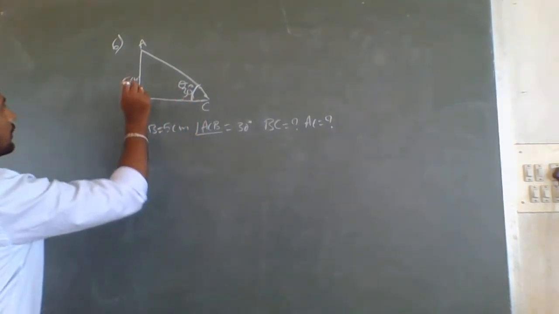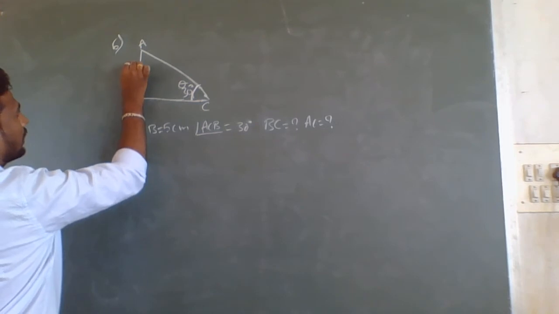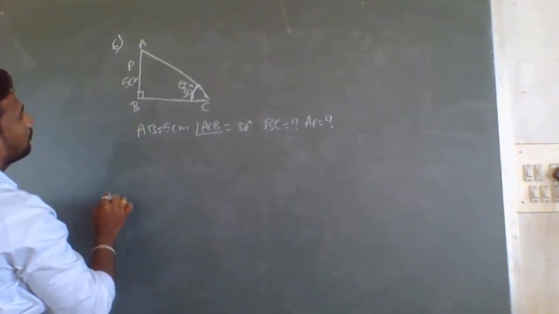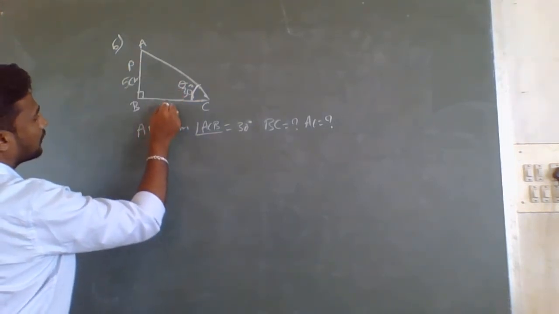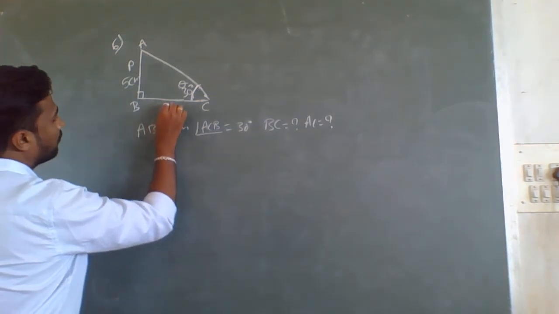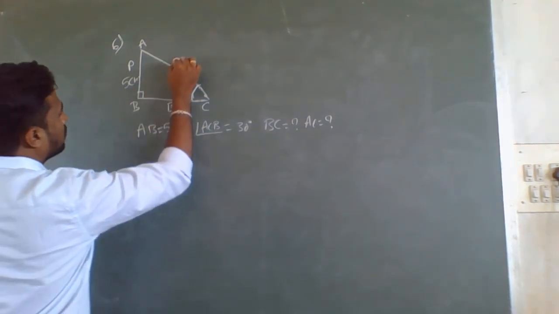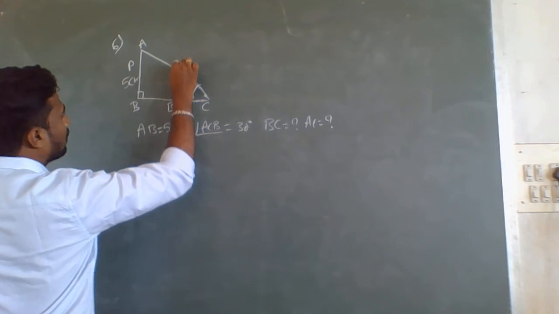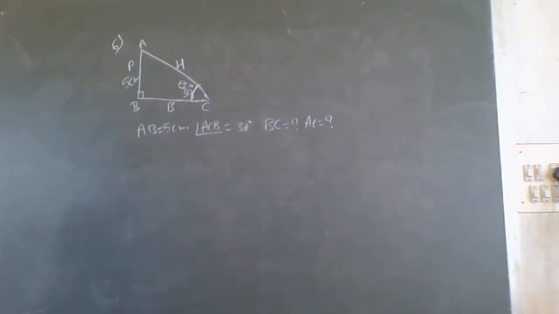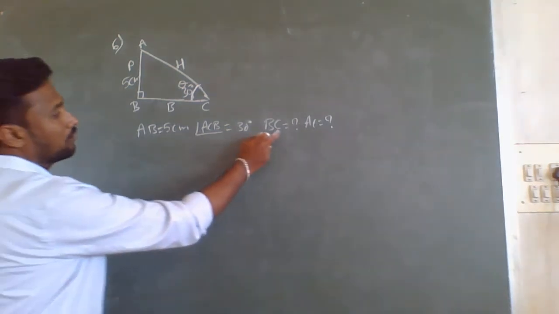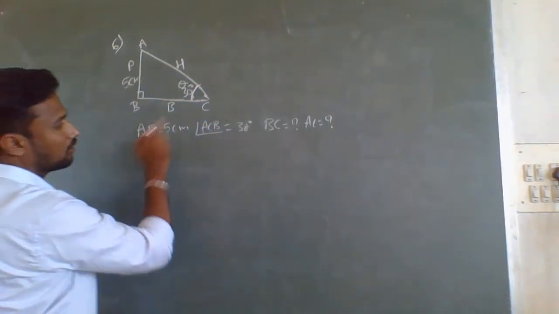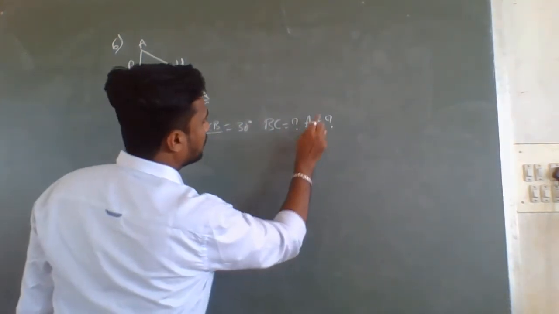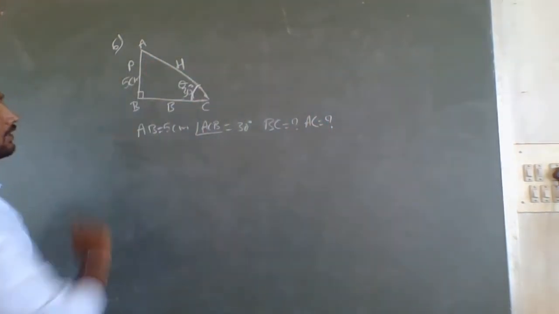So if this is theta, then you know that opposite to theta there will always be the perpendicular, adjacent to theta there will be the base, and always opposite to the right angle there will be the hypotenuse. So now we have to find the values of the length of BC and the length of this side AC.